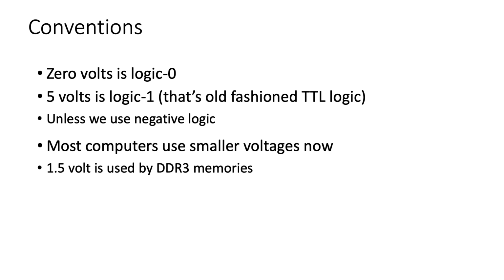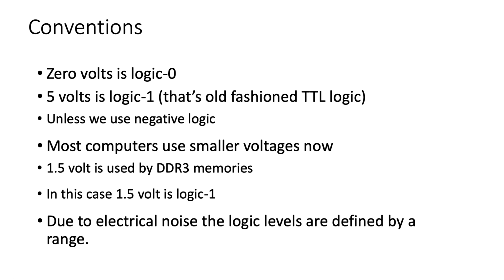Since most computers now use a smaller voltage, for instance 1.5 instead of 5 in the newer generation, we just consider logic 0 or logic 1 instead of mentioning the specific voltage.